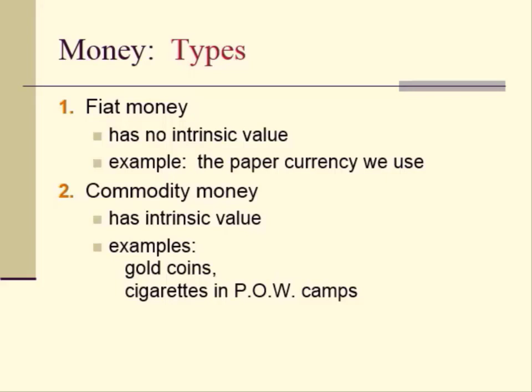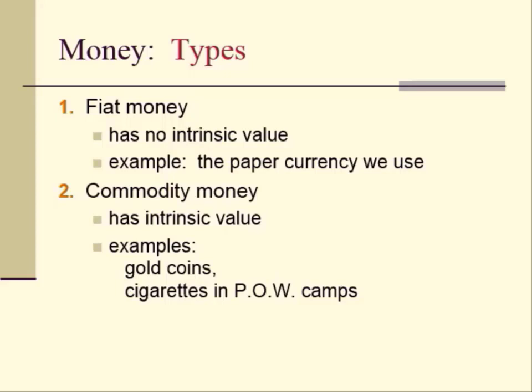Fiat money can emerge as a natural evolution from commodity money. For example, first, if gold is serving as a commodity money initially, then the government can step in and mint gold coins that are of a specified and guaranteed purity and weight.